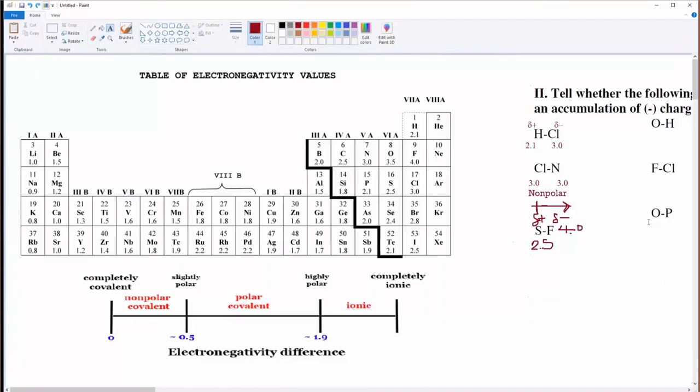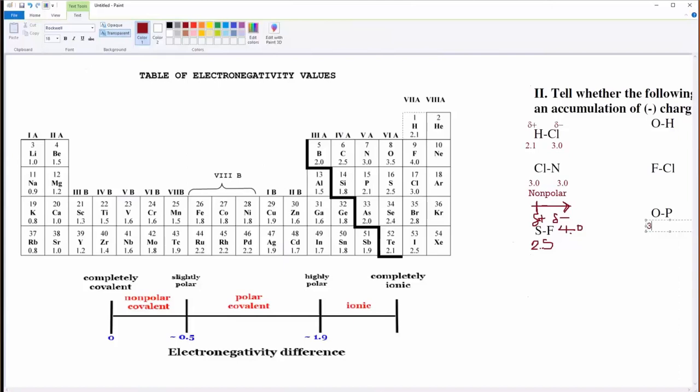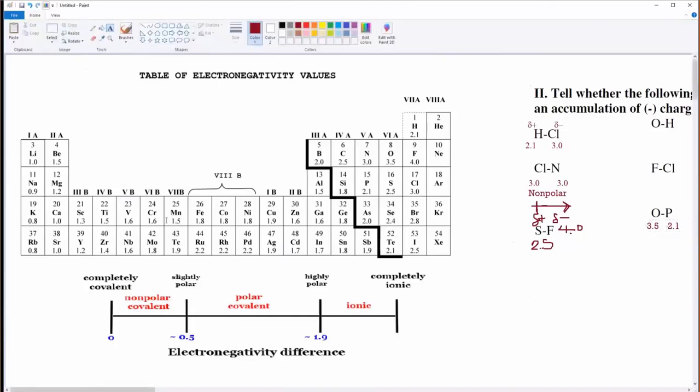Good, it is polar because your oxygen is 3.5 and then your phosphorus is 2.1. So the difference is 1.4, which is the polar covalent range. And that makes the phosphorus the one that gets to be partially positive and the oxygen partially negative. Perfect. How do you guys feel about these?